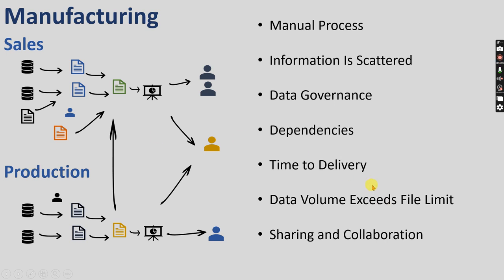This is happening even now in 2026 in many companies and organizations. So dependencies are there, and time to deliver is getting delayed. It is taking too much time to generate the reports. Every week, they spend 2 to 3 hours generating and compiling the reports. What are the sales, what is the outstanding production, who is the supplier, what is the delay, those kinds of things. Everything is manual.